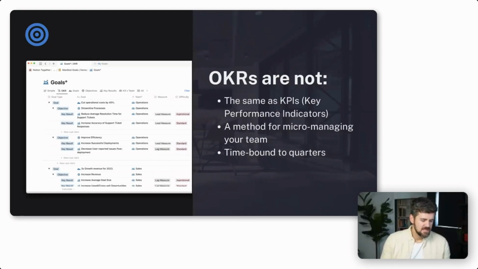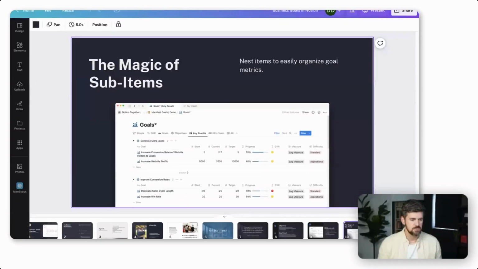Okay, so next we're going to switch gears. Big change from, say, a year ago, because I did run and launch a course on goals, specifically managing them in Notion. So a big change that has really simplified this whole process has been the addition of sub items as a feature. So this allows you to nest pages within other pages in a database.